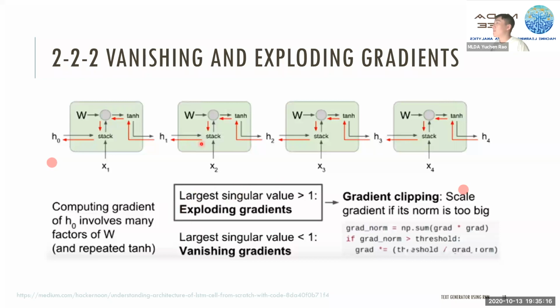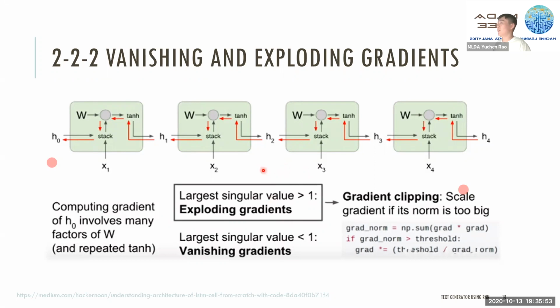Other than that, when we're doing backpropagation, remember that the tanh has a derivative from 0 to 1. So when we do gradient descent going backward, the gradient will approach 0 if the singular value is very small, for example 0.1, and then you will get a very, very small value.